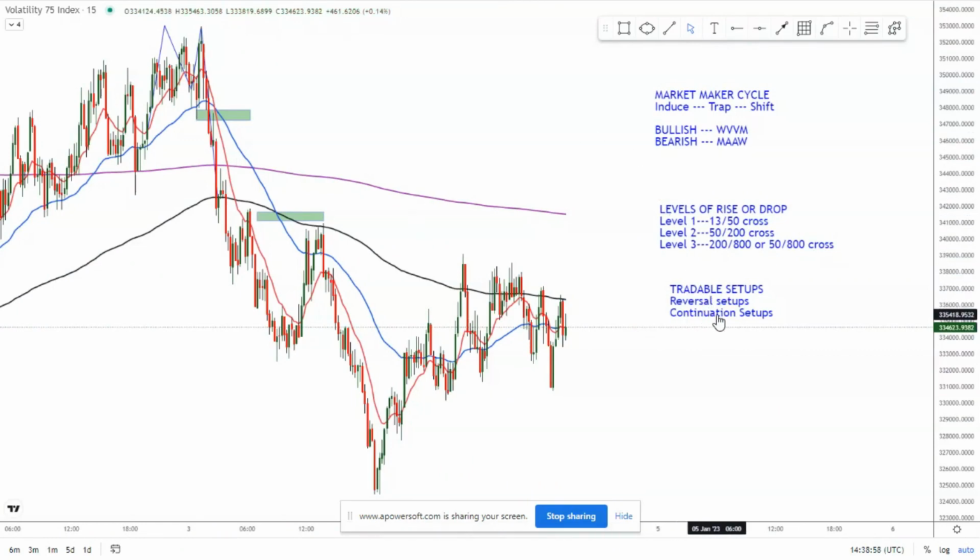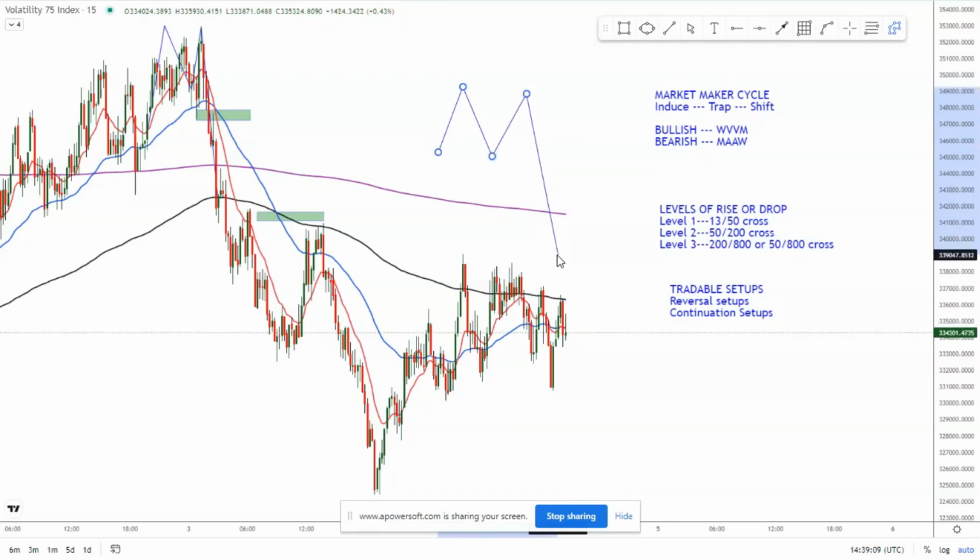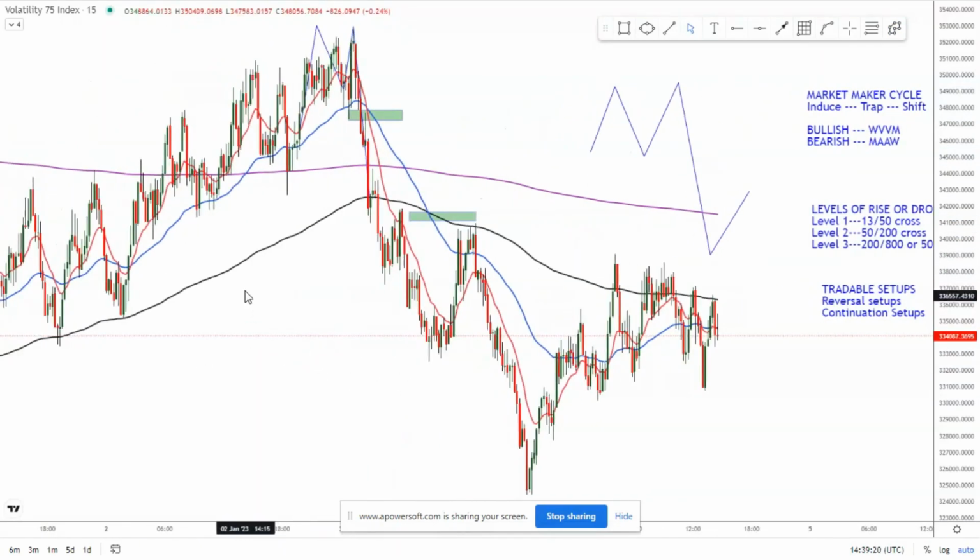Let me explain the part of reversal setups. Reversal setups are those where, let's say, we get an aim, and then we get a drop. When we get a drop after an aim, or a peak formation, there is something that I told you.